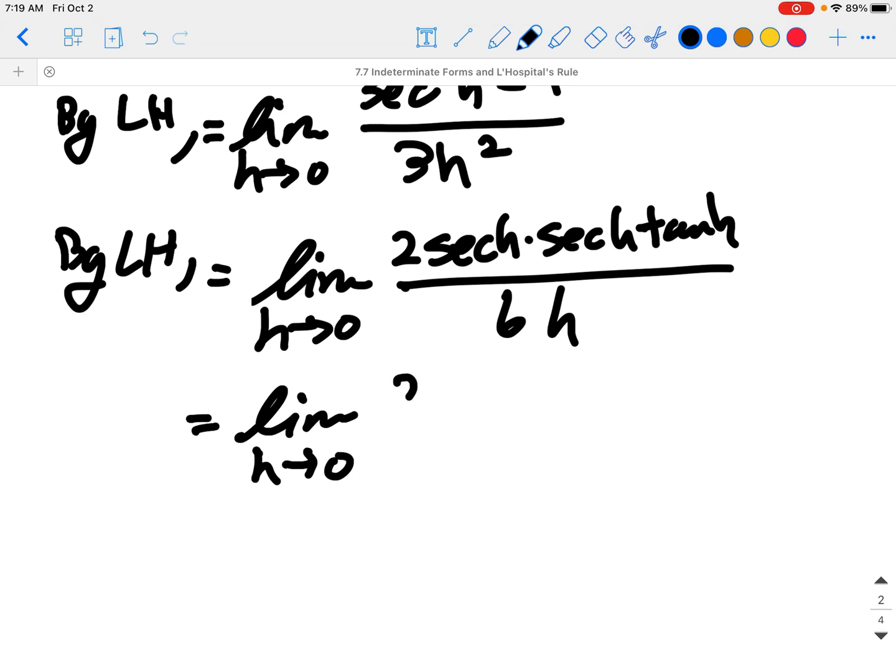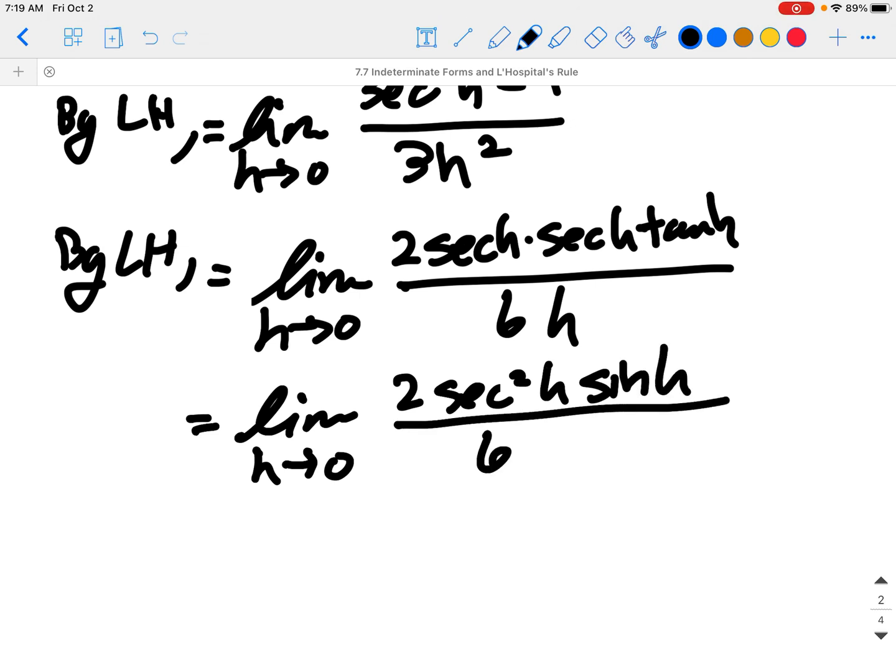So let's note that this is going to be 2 secant squared, and then tangent I'm going to rewrite as sine h over 6h cosine h. And then what we can notice here is that we're going to get that special trig limit, sine h over h.